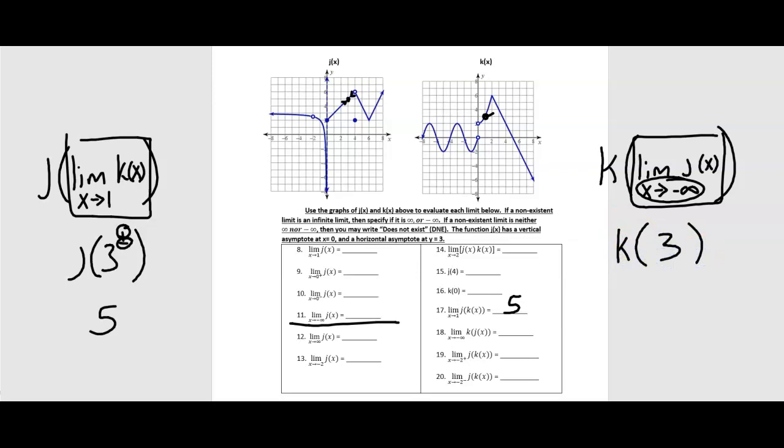Okay, so what is the value of k at x equals 3? Well, that's right there again. So we actually end up at a, oh, actually, that's incorrect. Let me back up. At 3, we're right here, actually. And so that y value would be 4.